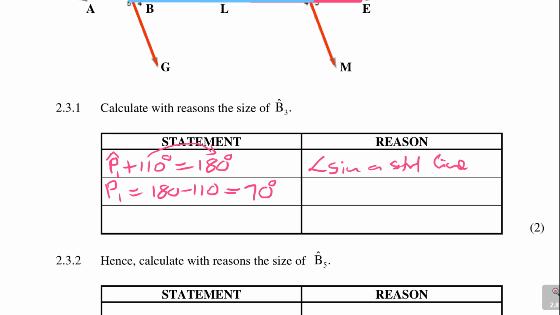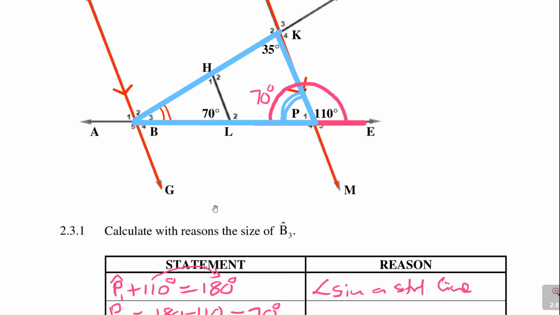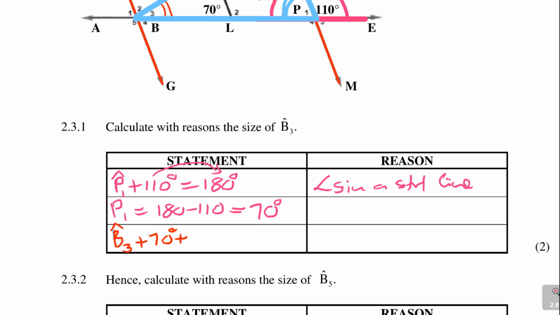So if I say angle P3 plus the 70 degrees plus 35, are you seeing that? I'm using that triangle. It must give me 180 degrees. These are the sum of angles in a triangle. Are you getting that?